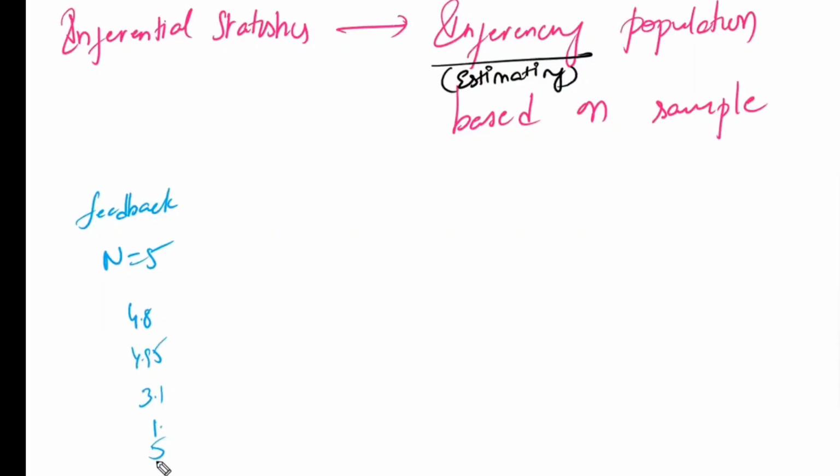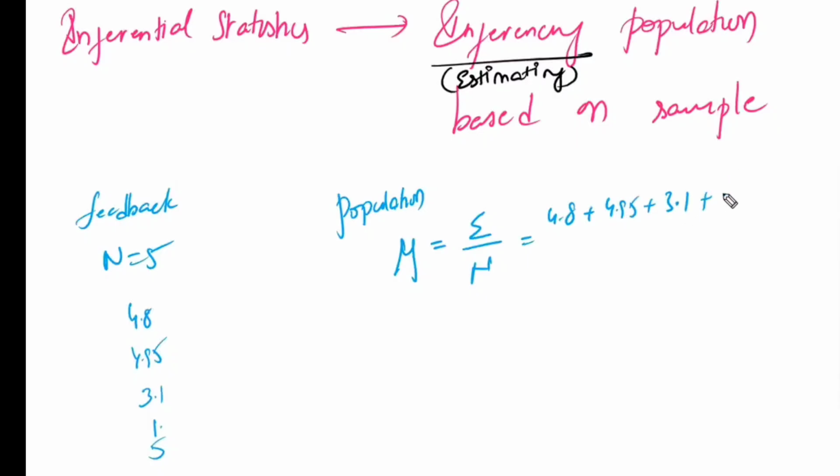Now, what is the average of this? That is mu, the population mean. Population mean is equal to the sum of the population points divided by the population size, capital N. That is 4.8 plus 4.95 plus 3.1 plus 1 plus 5, divided by 5.